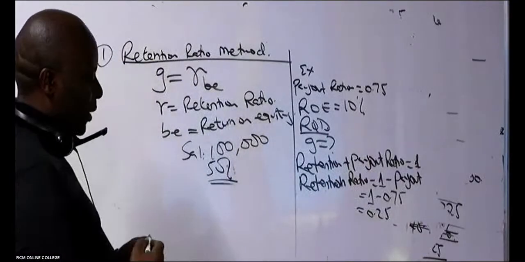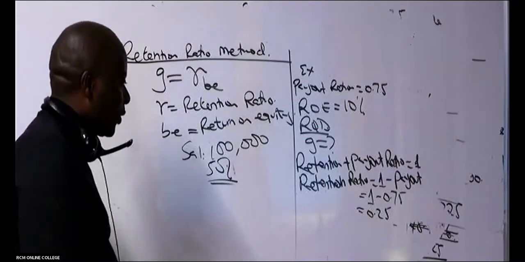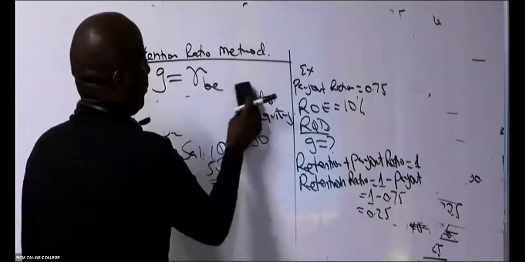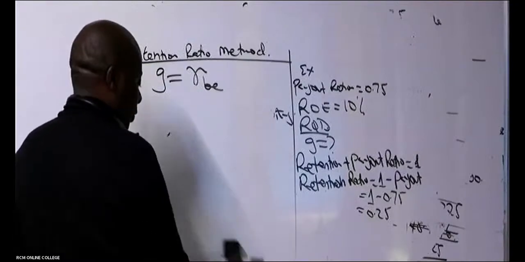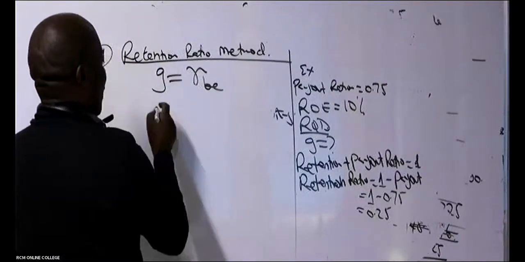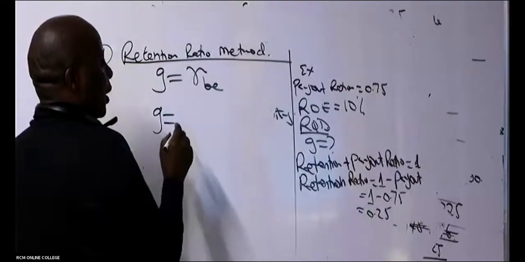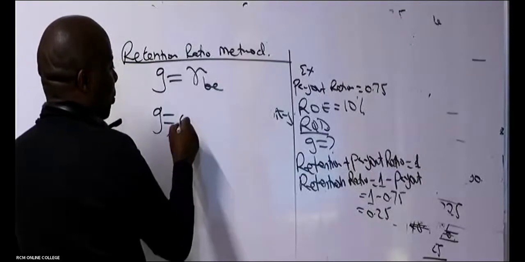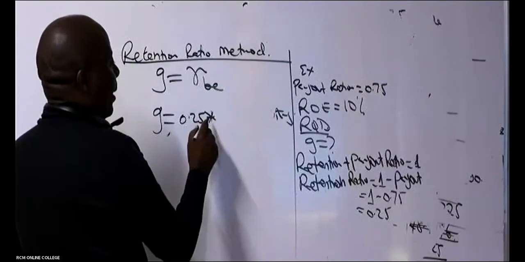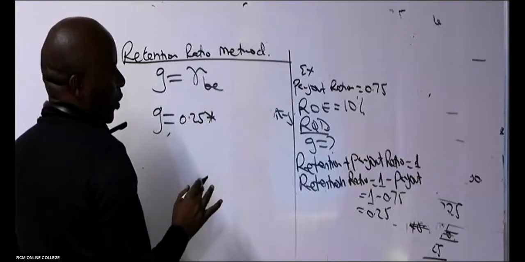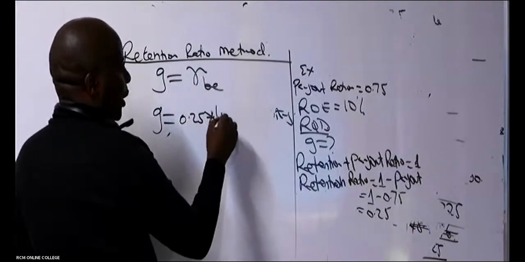And then now you can use this formula, which says that our growth rate equals the retention, 0.25, multiplied by our return on equity, which is 10%.